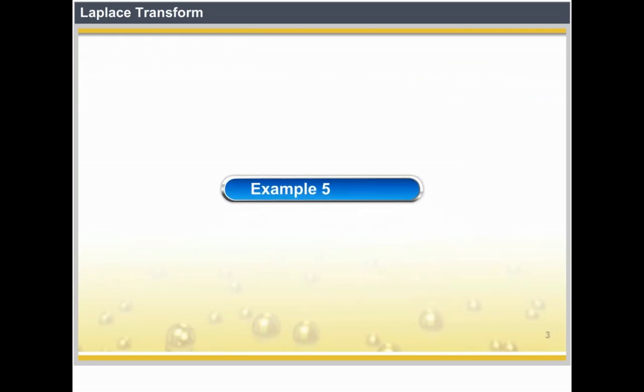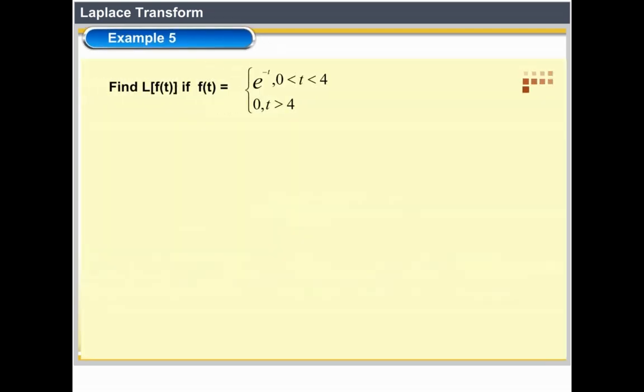Example 5. Find L of f of t if f of t equals e power minus t for 0 less than t less than 4, then 0 for t greater than 4.